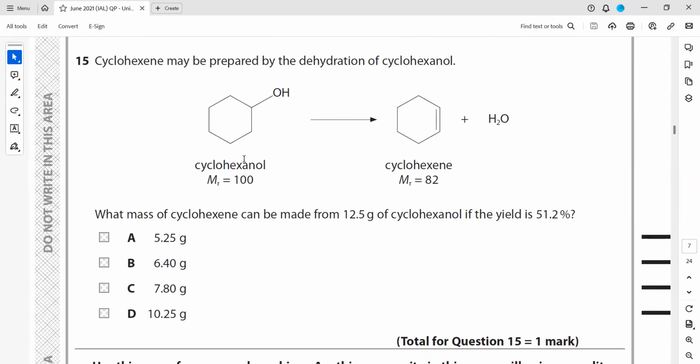Cyclohexene may be prepared by dehydration of hexanol. What mass of hexene can be made from 12.5? So we have the mass ratio, we can simply take the mass ratio. Percentage yield is the practical value of a product divided by the theoretical value, times 100.